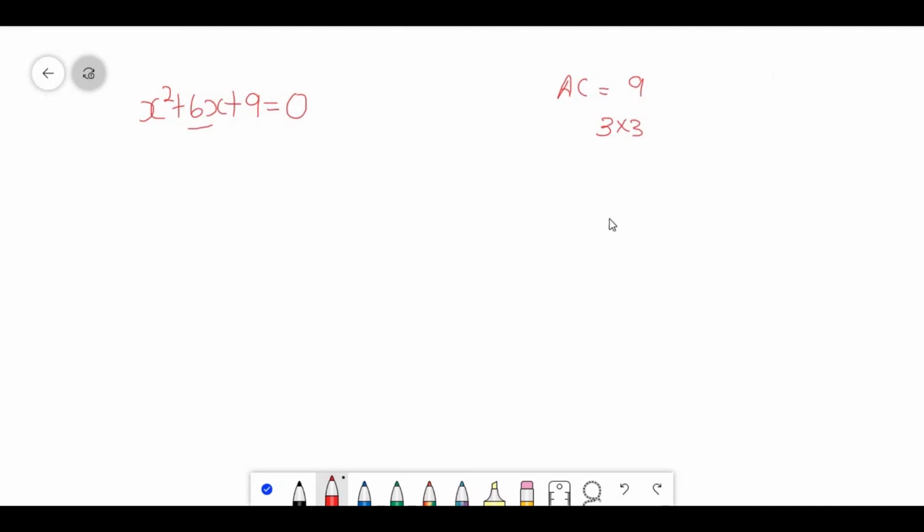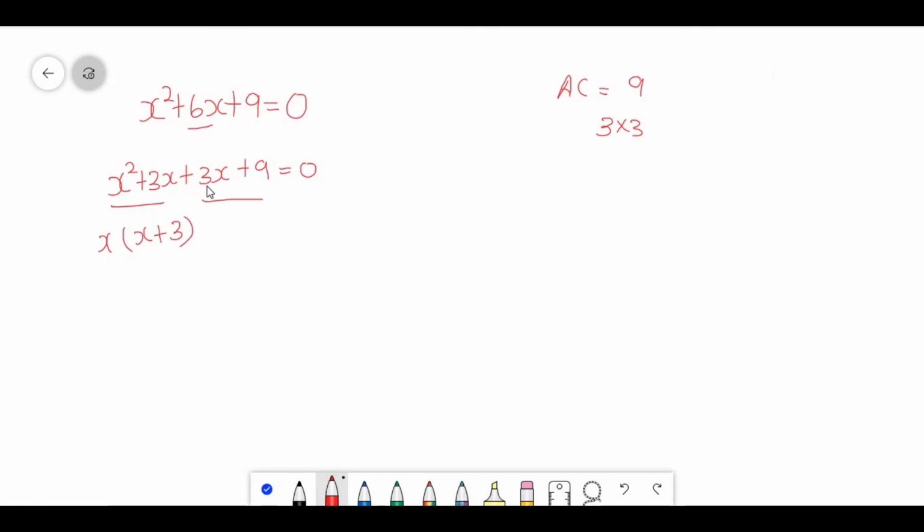So we could use these two factors. So x squared plus 3x plus 3x plus 9 equals 0. First pair, second pair. So what is common between x squared and 3x? That's x, open bracket. X into x squared is x, plus x into 3x, 3.